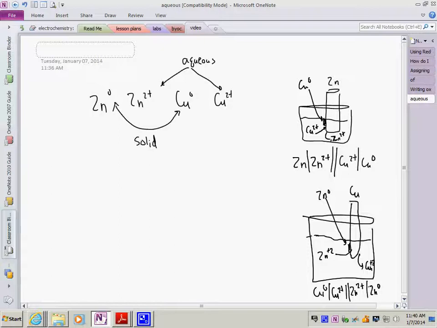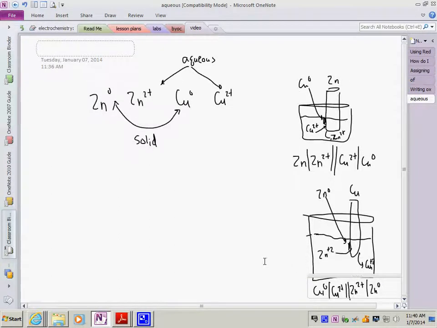So for these two reactions, which one is actually going to occur? This reaction right here would be represented by zinc, no charge, plus copper 2+, yields zinc 2+ plus copper metal.